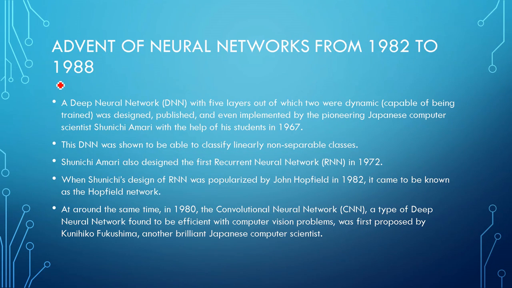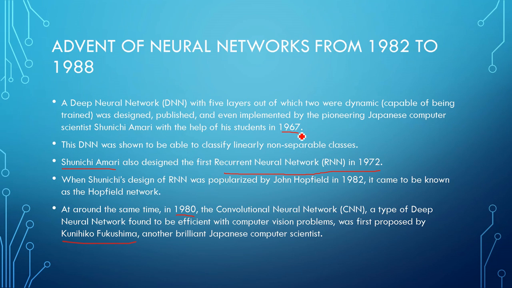Neural networks, deep neural networks, and the power of neural networks was discovered. It was mainly led by Japanese scientists Shunichi Amari and Kunihiko Fukushima. So Fukushima discovered CNN in 1980, and Shunichi Amari designed the RNN in 1972, as well as he first designed the DNN in 1967.